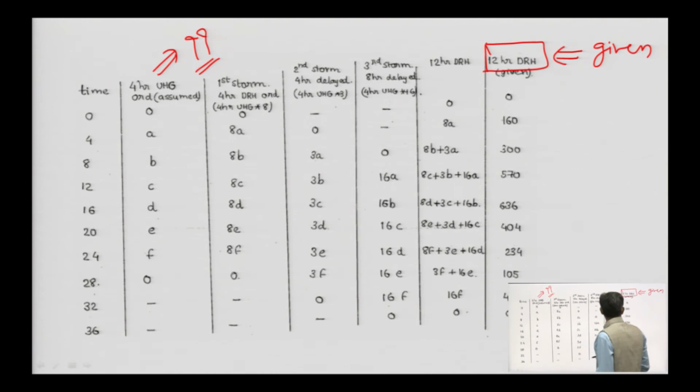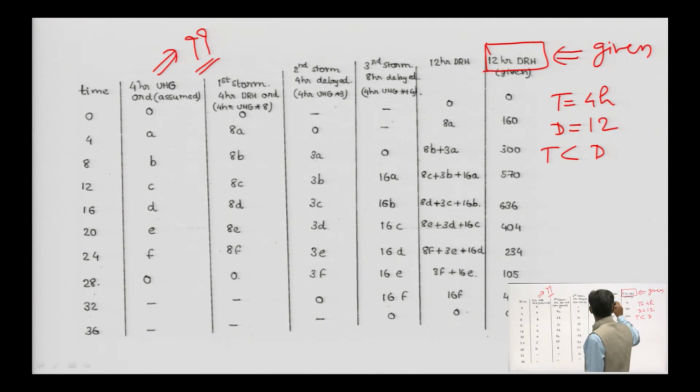The value of T here is 4R and capital D is 12R. Therefore, here T is less than D, and that is why the method of convolution cannot be applied here. So we need to go for the deconvolution method.